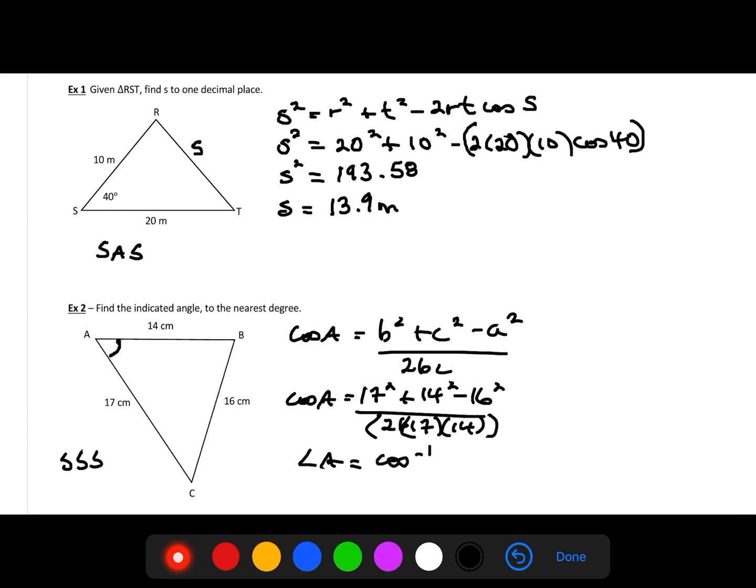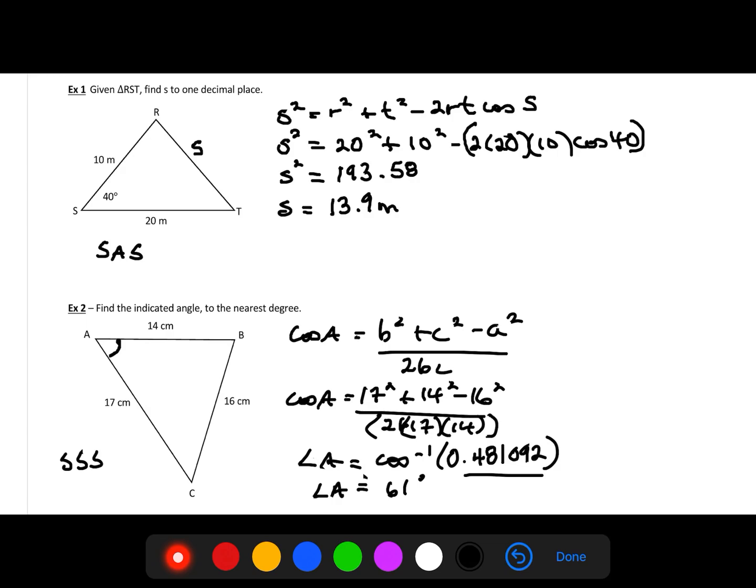This is our ratio. So what we want to do is do our inverse cos, or cos to the negative 1, of the answer that we get here. And our answer that we got here was 0.481092, and we want to keep as many decimal places as possible so that we get as precise an answer as possible.